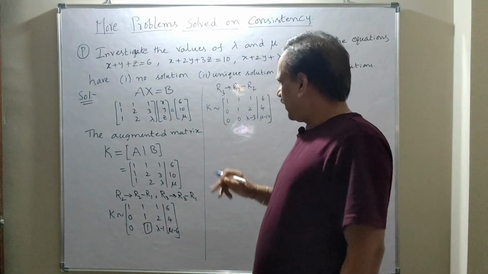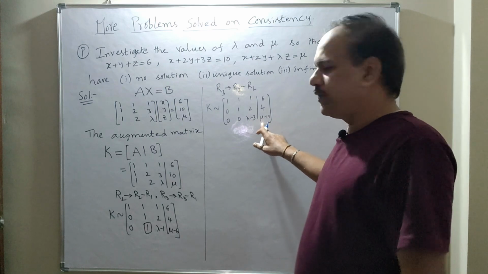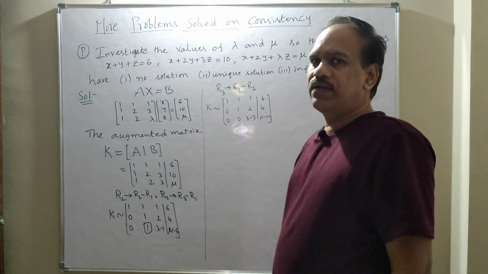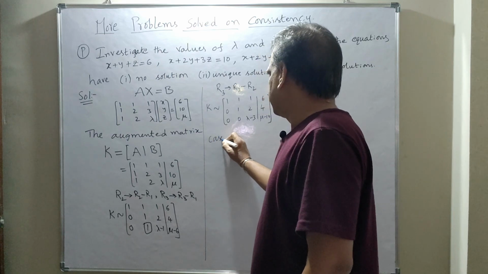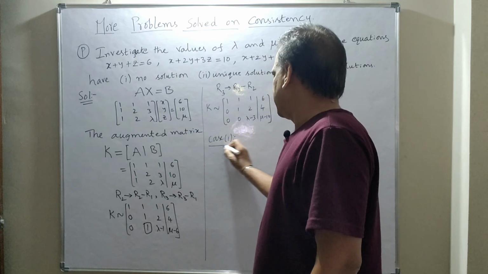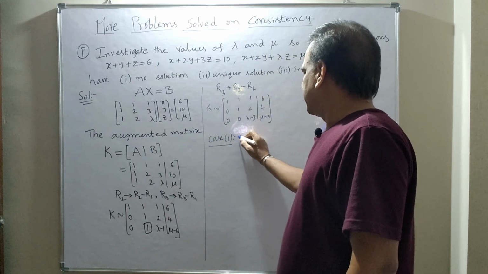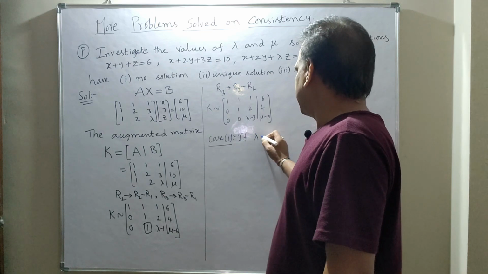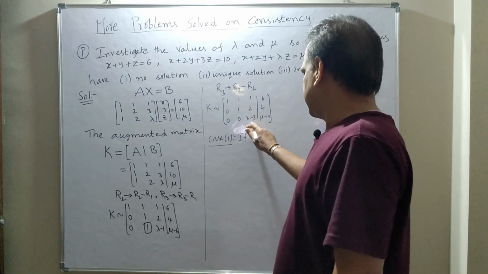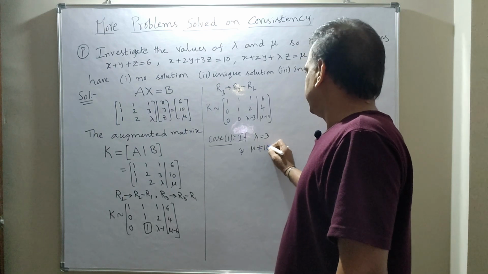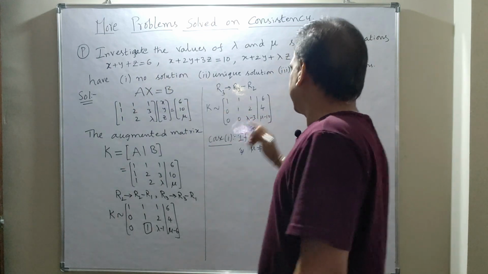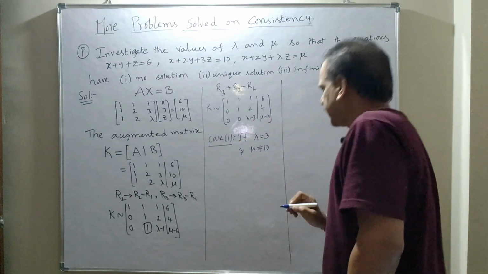Now this is in the echelon form. Now we have to investigate for what values of lambda and mu, how the rank of A and rank of K is influenced. Case 1. If you take lambda is equal to 3 and mu not equal to 10, because you are asked to find the no solution case, right?